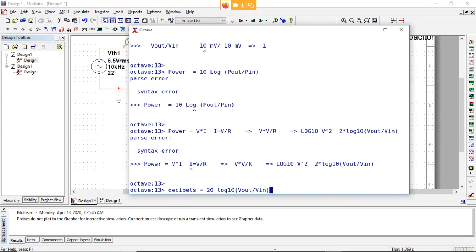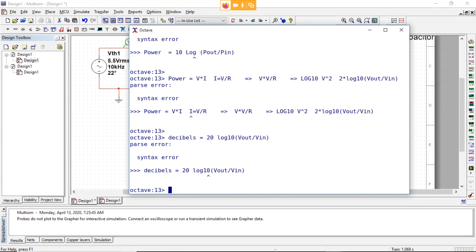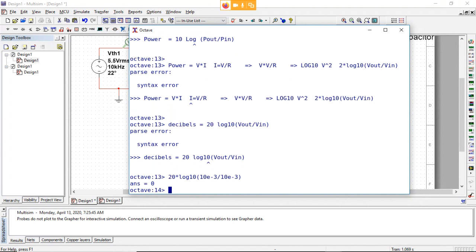Now I can actually do this calculation. I'm going to take 20 times log of the voltage out, which is 10 millivolts, 10 e to the minus 3, divided by the input, which I said was 10 e to the minus 3, which is just 1, and that gives me a decibel value of simply 0.